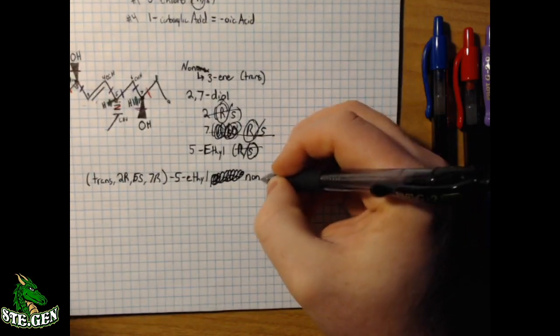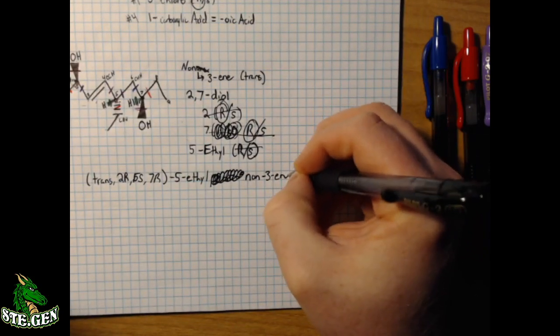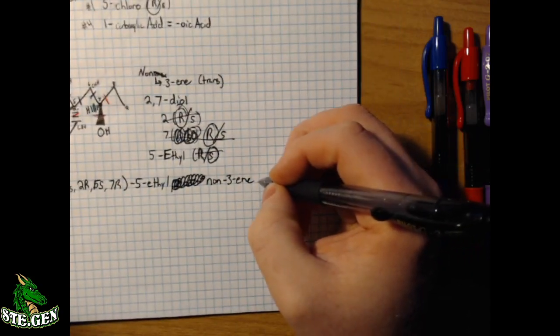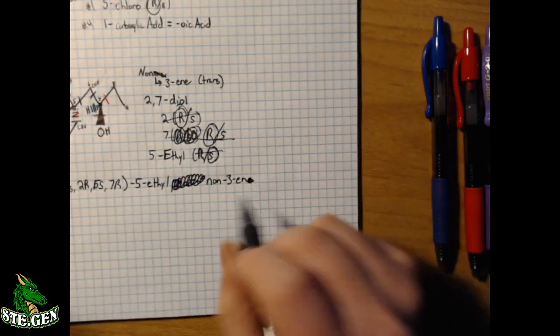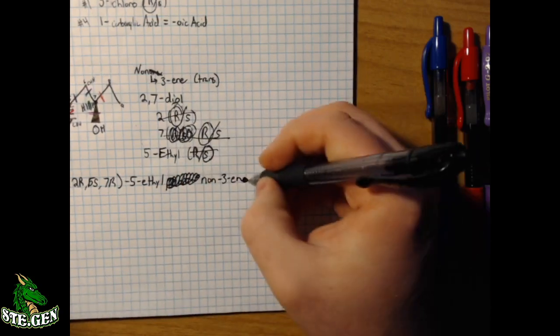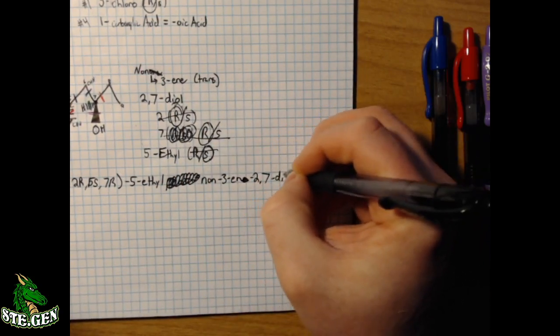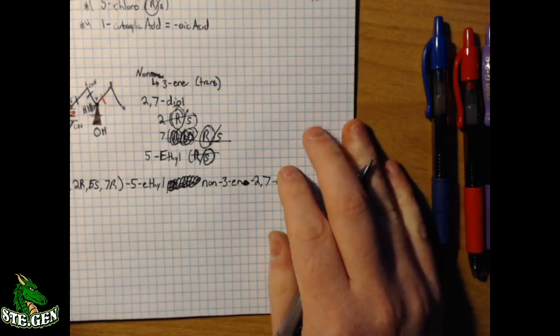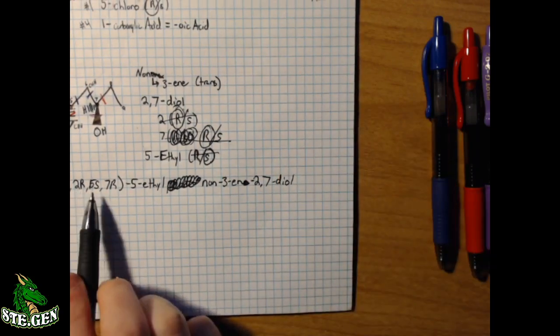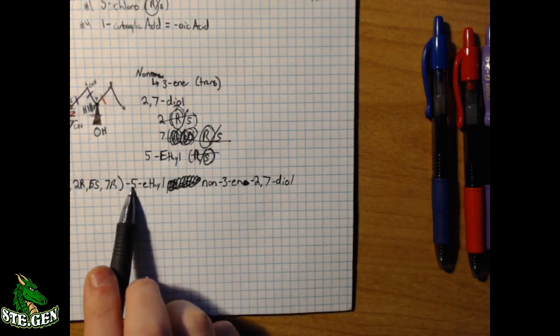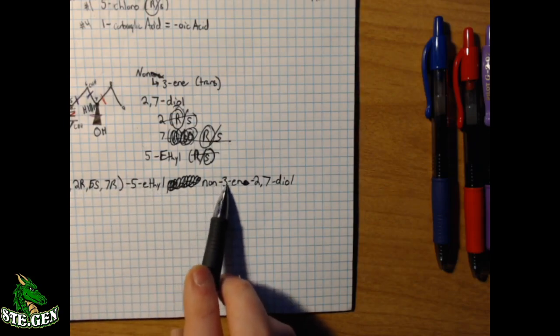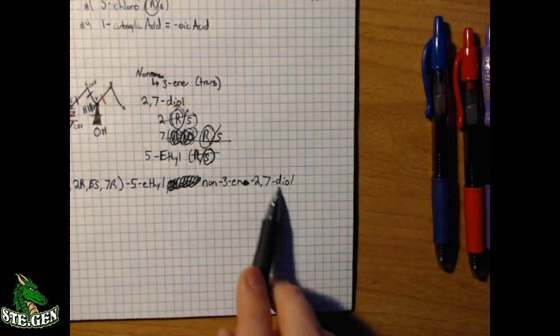Non-3-ene, because we also have our 2,7-diol. Trans 2R, 5S, 7R, 5-ethyl non-3-ene-2,7-diol.